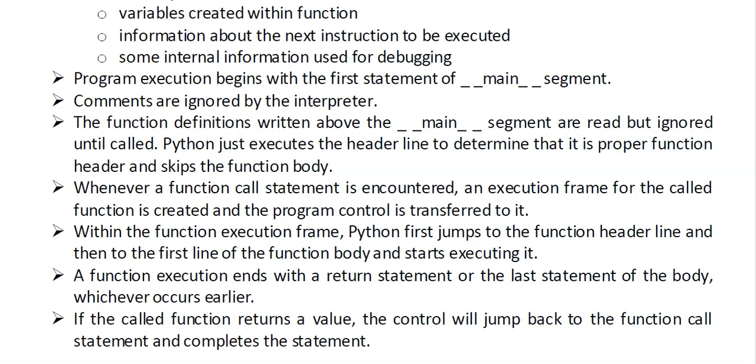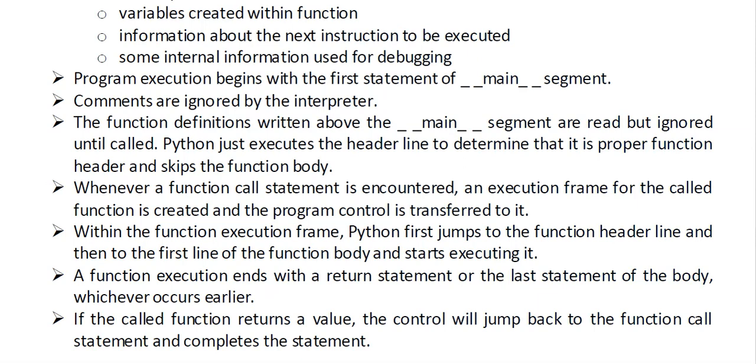Similarly, when the Python control jumps from the current memory location to the memory location of the function, it goes to the function header where the function definition is starting. You know the function header. It goes to the function header, reads it, and starts the execution from the first line followed by it.